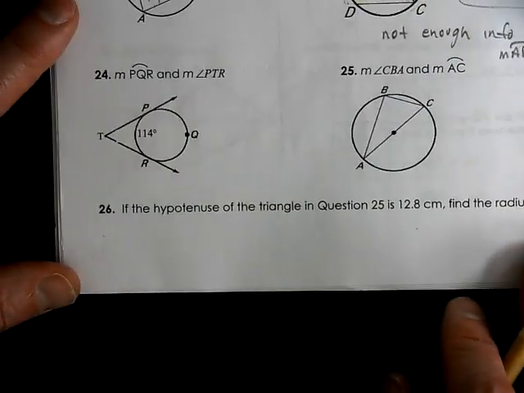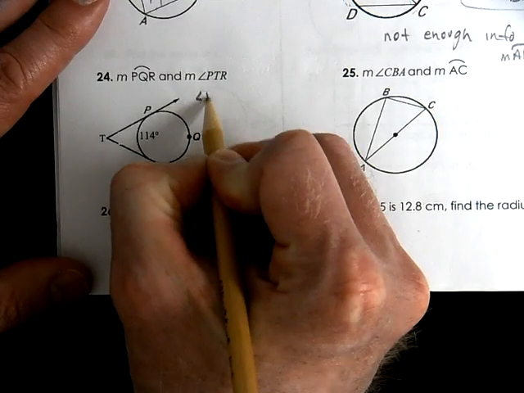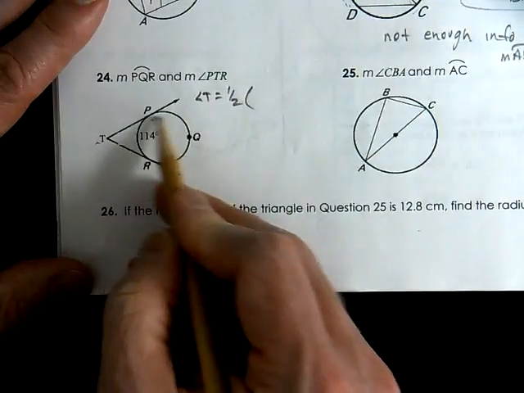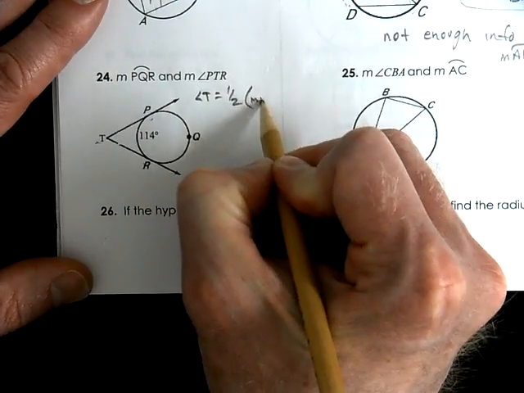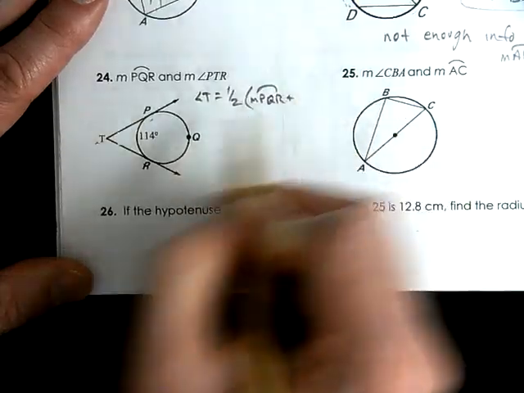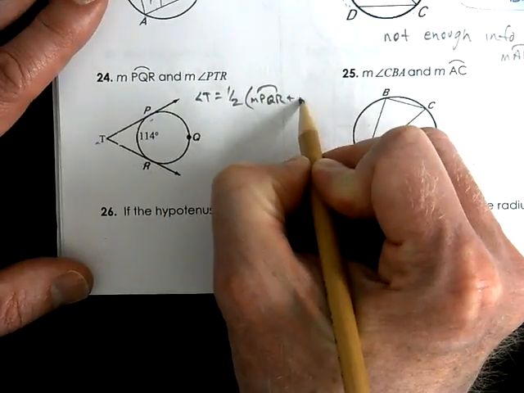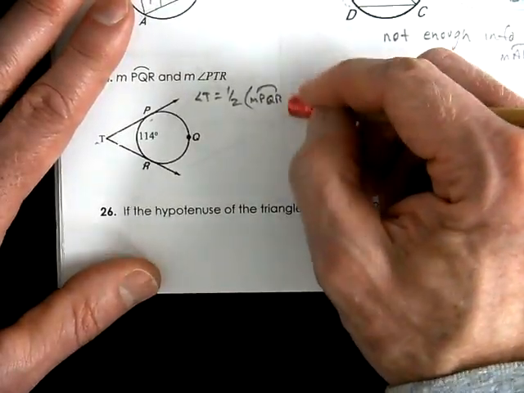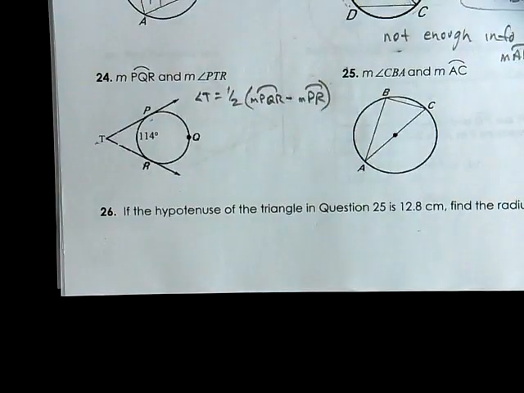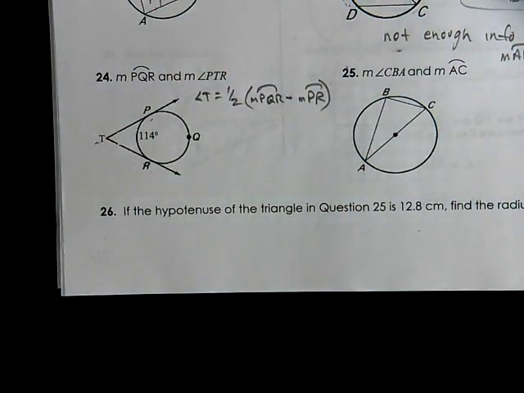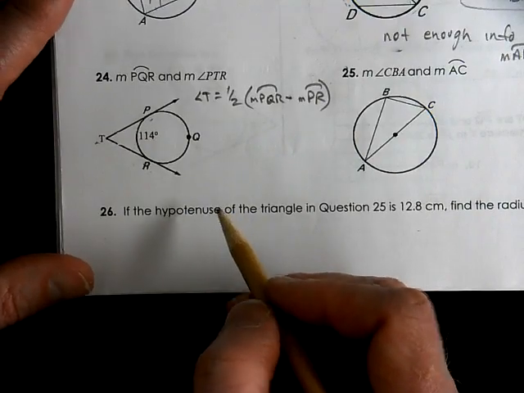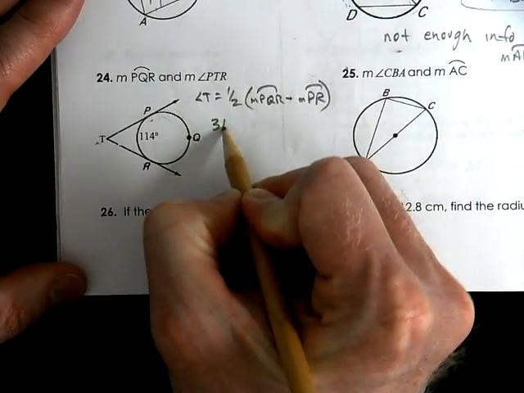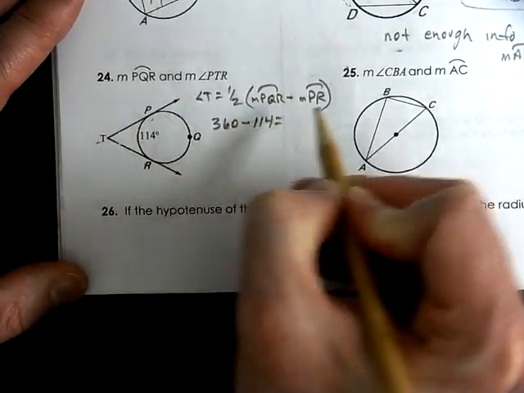All right. So we move on. We know that angle T, or PTR, equals half the big arc PQR minus the small arc PR. I don't know what the big arc is, so that's going to be 360 minus the 114.